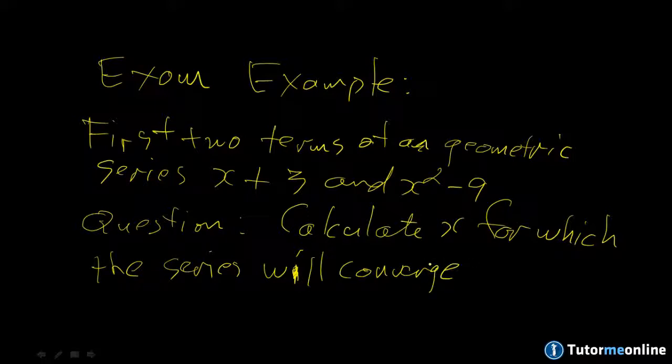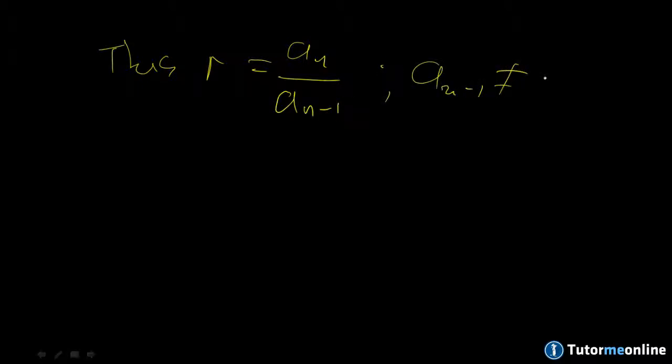Now, to solve this problem, we first look at the definition of a geometric sequence. We know a geometric sequence is given by An is equal to R times An minus 1. This is the basic definition of a geometric progression. Thus we can say that R is equal to An divided by An minus 1, given that An minus 1 is not equal to 0.